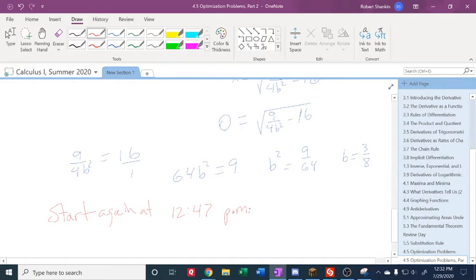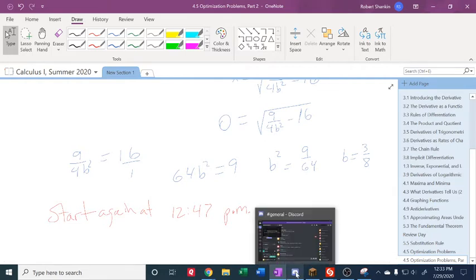And I was going to show another optimization problem, a more complex one, but this one was quite a complex one. So when we start after the break, I'll start with just questions that you have on review, and we'll do review questions then. So see you in a little bit.